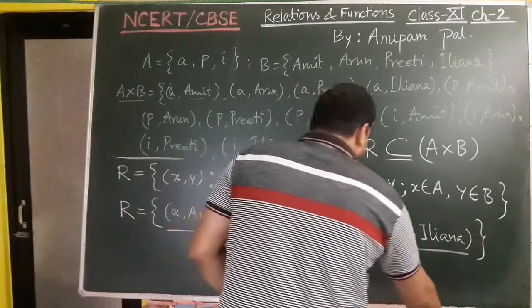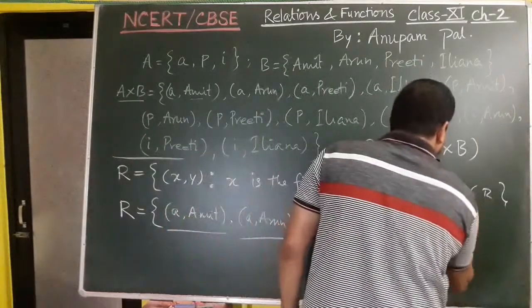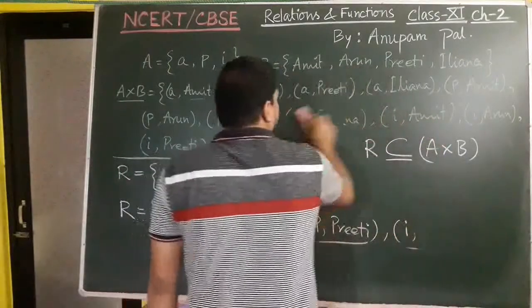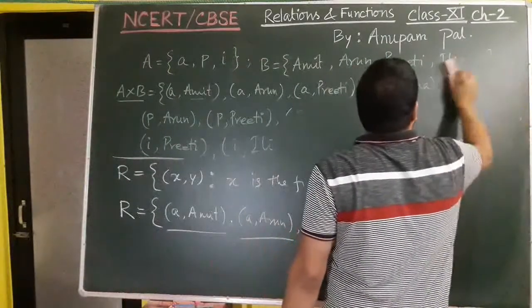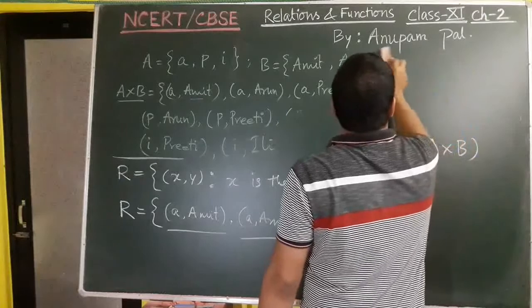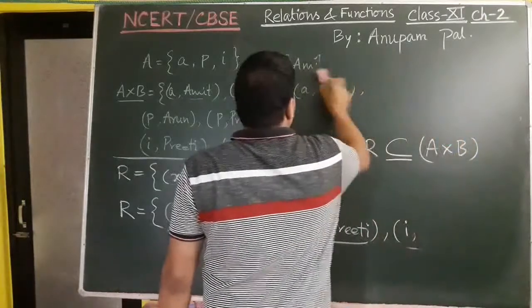So now the next question that we shall solve is: how many relations can we derive from the Cartesian product?